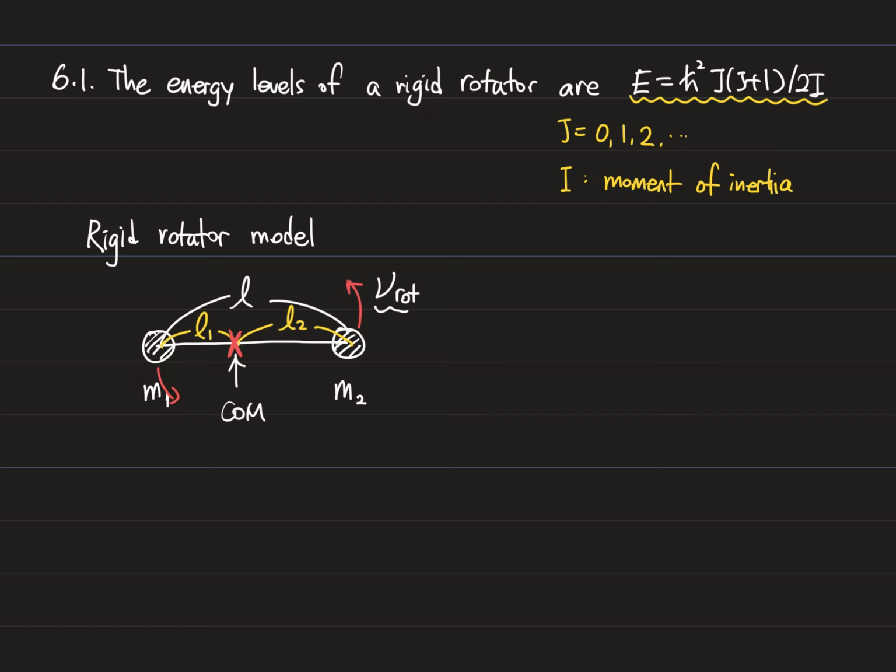We want to know the velocity v1 and v2. It should be defined like 2 pi L1 multiplied by the frequency nu rot. Similarly, the second mass has the velocity like this.